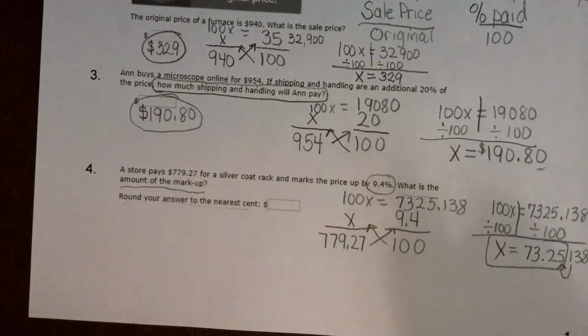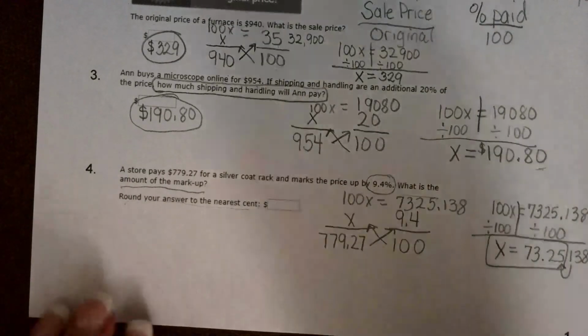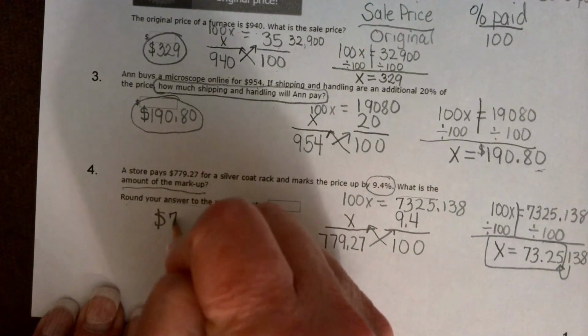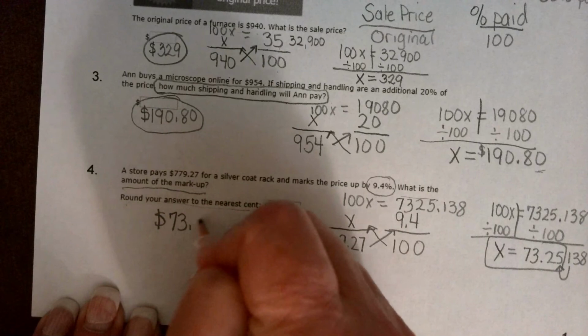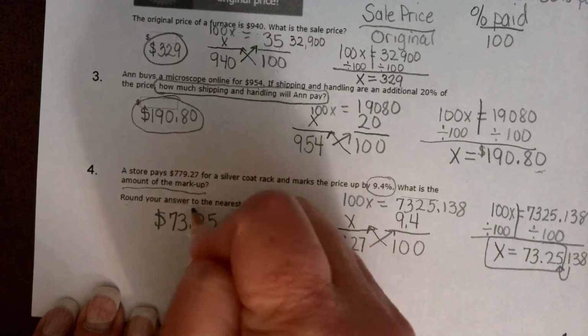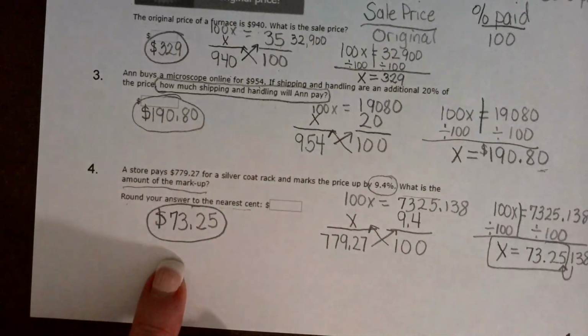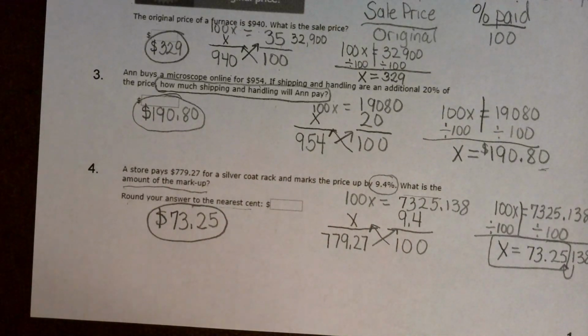Since that number 1 is less than 5, that means that the $73.25 stays the way it is because the 1 does not round to the next higher number. So the amount of markup that they would pay is $73.25.